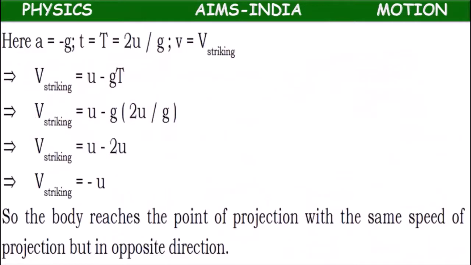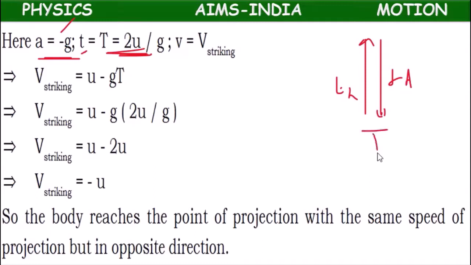So from this, what will we do? Because the body is going up, gravity is acting downwards. They are opposite, so gravity is taken as negative. In the place of time, because after the time of flight it is reaching the point of projection, time of ascent plus time of descent equals time of flight.